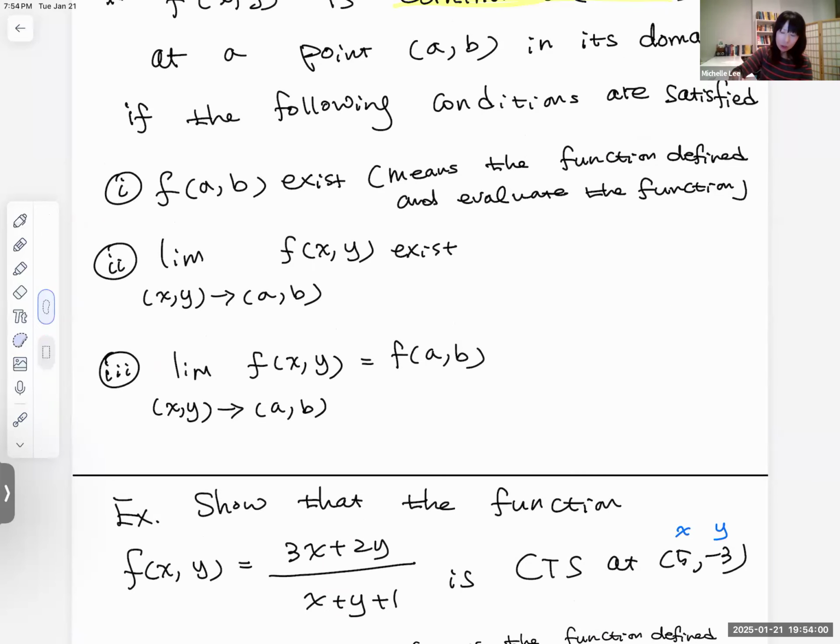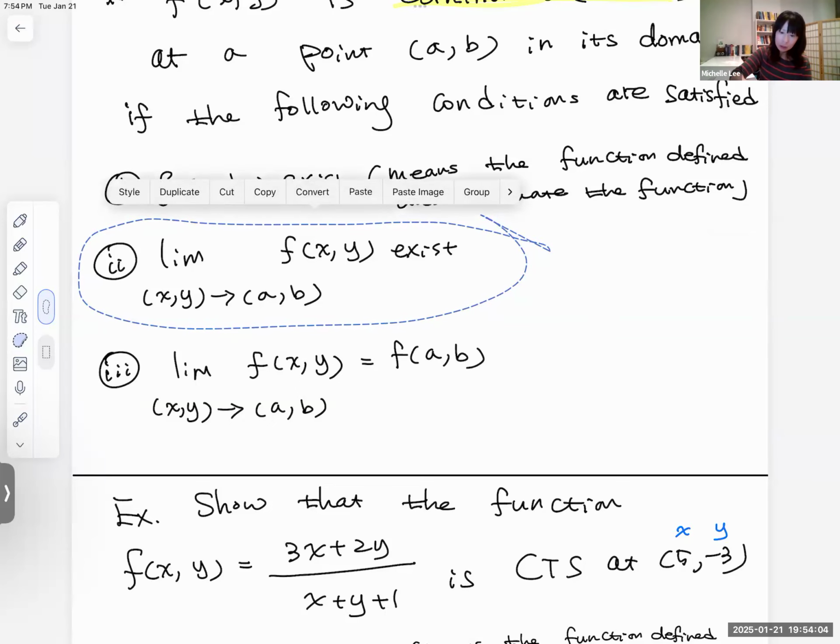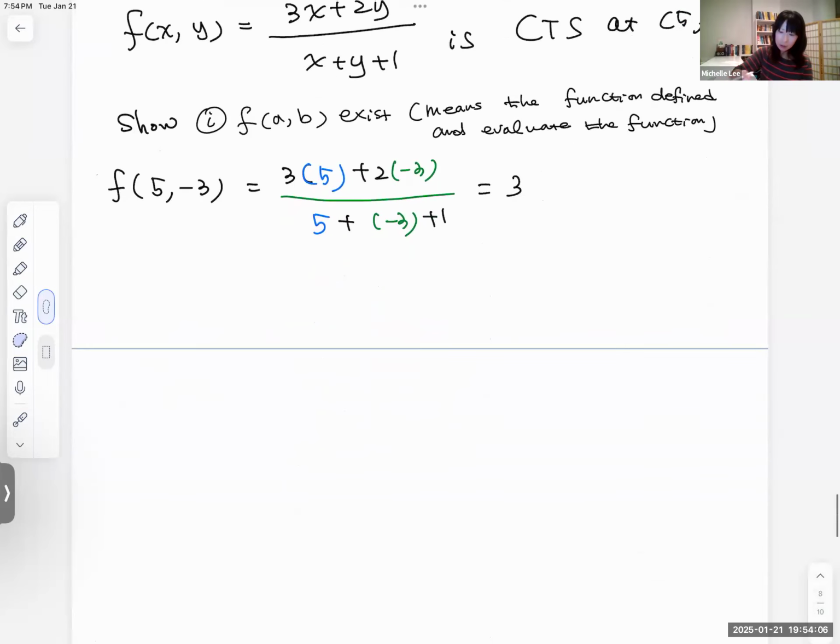Now the second one, the limit exists. We need to show that.